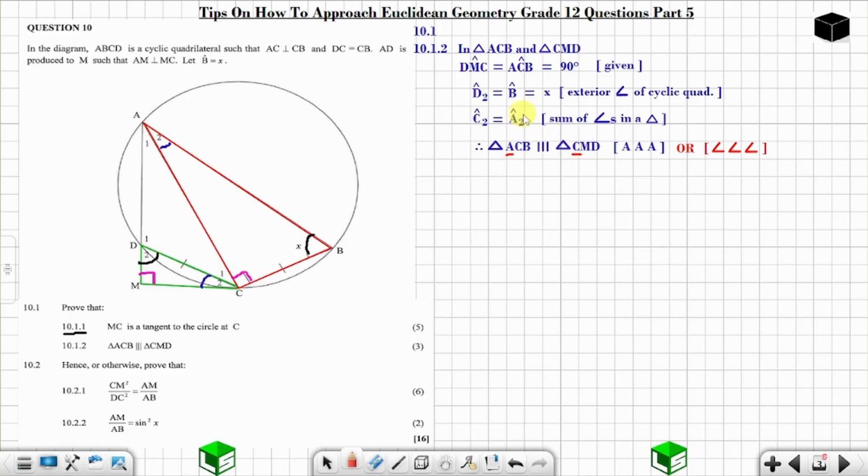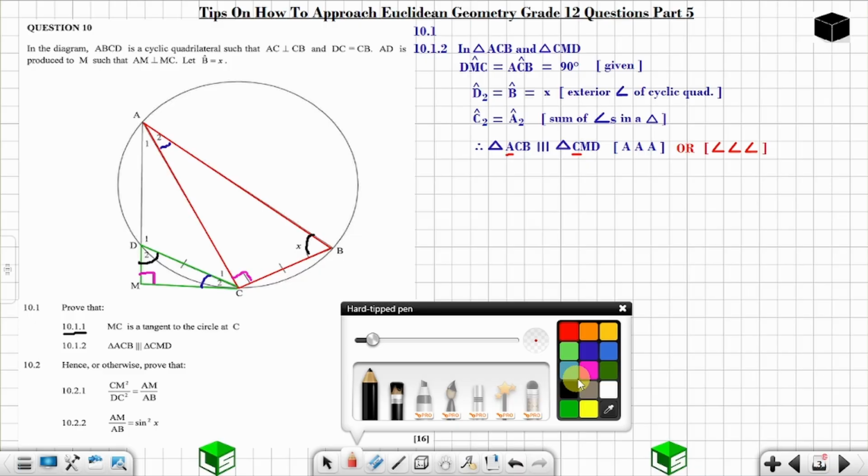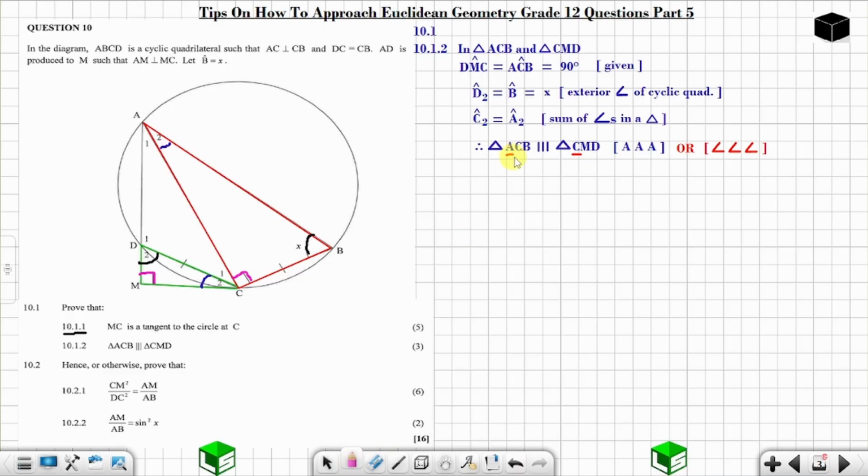And the angle at C in this triangle is equal to the angle at M in this triangle. Second letter, second letter.